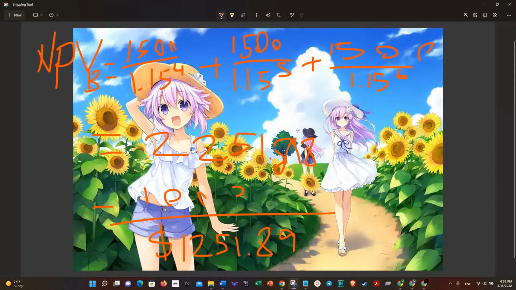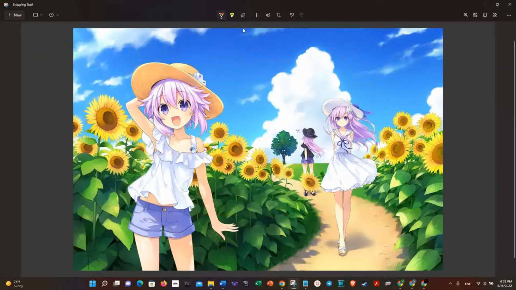Okay? Here's the big sitch: $1,283 is greater than $1,251.89 by a little over 30.